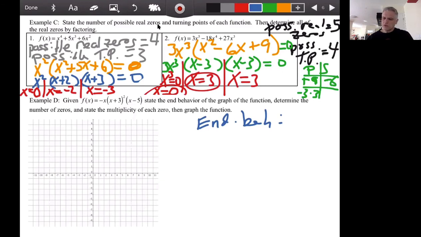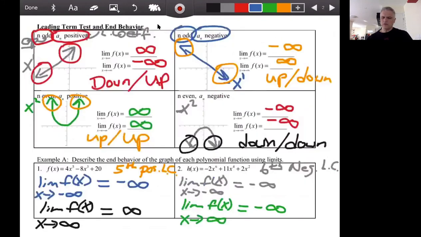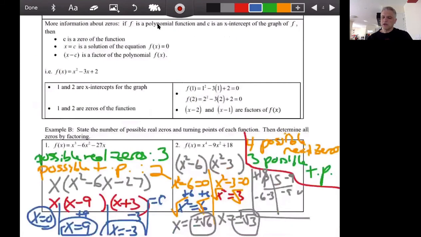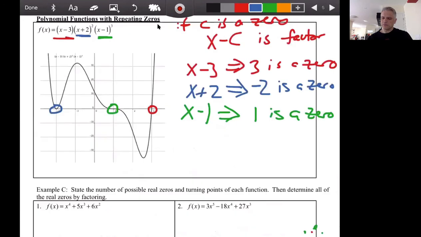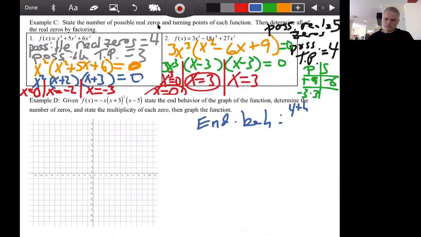Okay. So because it's 4th degree, which is even. Remember evens? Let's go back. The even ones either go up, up, or down, down. The only thing you need to look at is that leading coefficient. So leading coefficient, let's see what it is.